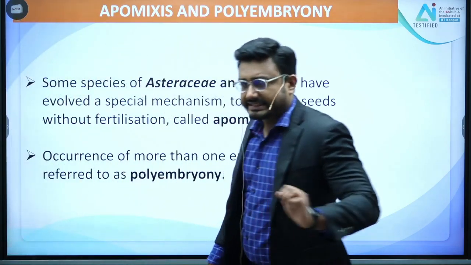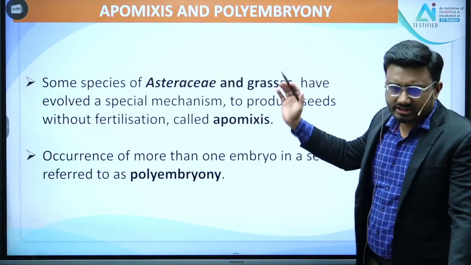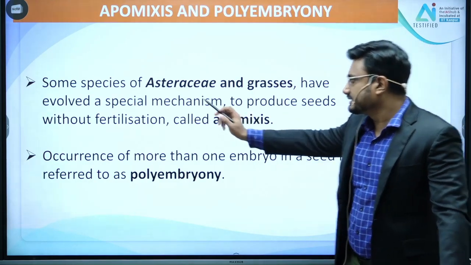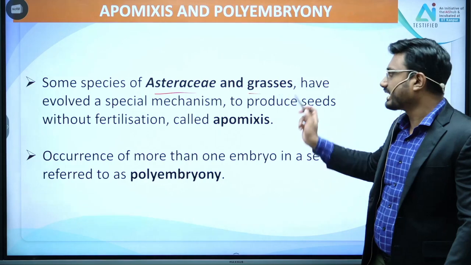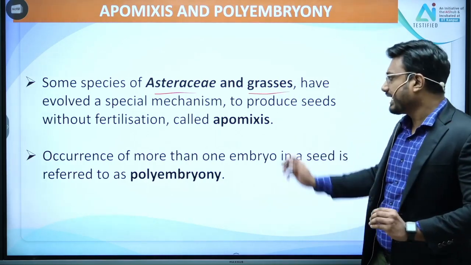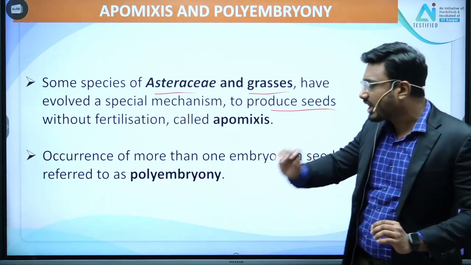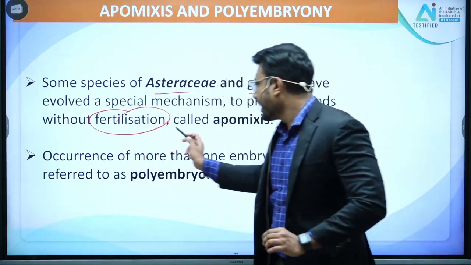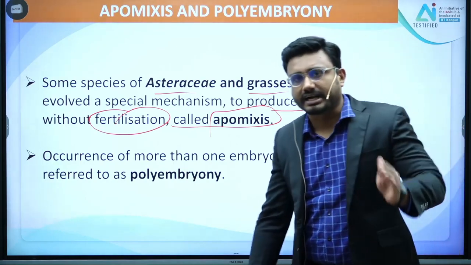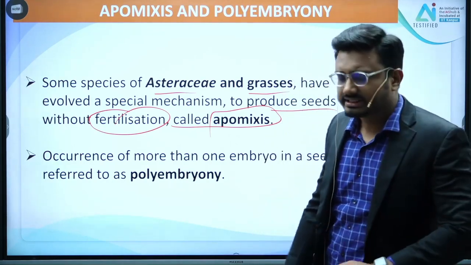Apomixis and polyembryony. These concepts are also very important from this chapter. Let's go through them. Species of Asteraceae and grasses have evolved a special mechanism where seeds are produced without the process of fertilization, and it is known as apomixis. Don't get confused between parthenocarpy and apomixis.